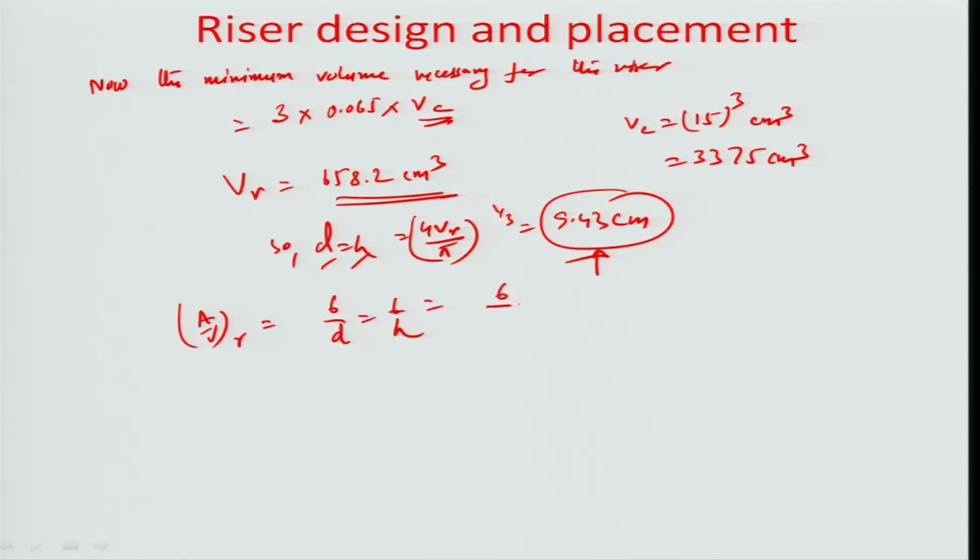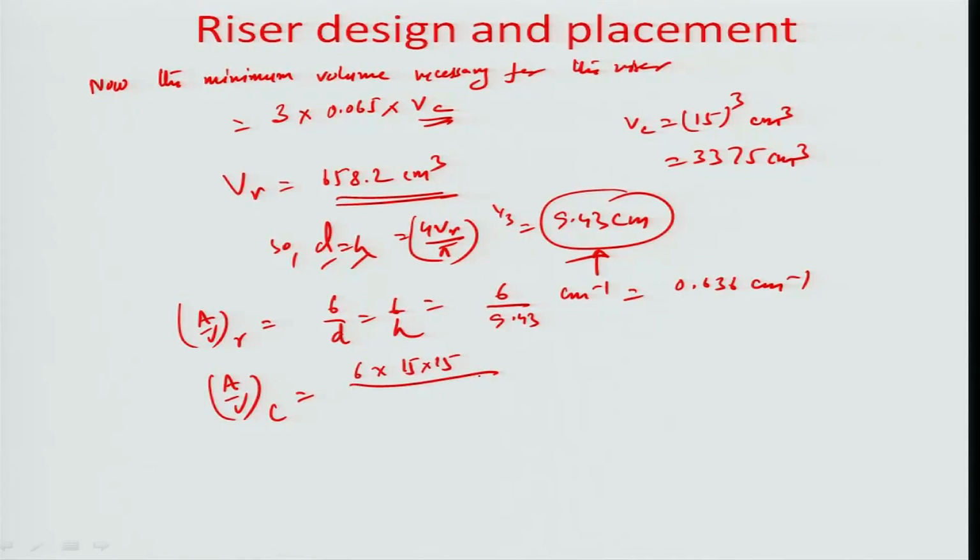In this particular case, it is 6 by 9.43 centimeter inverse, which is 0.636 centimeter inverse. Similarly, we calculated that of the cast, A by V of the cast, equal to 6a square surface area divided by the volume of the particular cube, centimeter inverse. This came out to be 0.4 centimeter inverse.